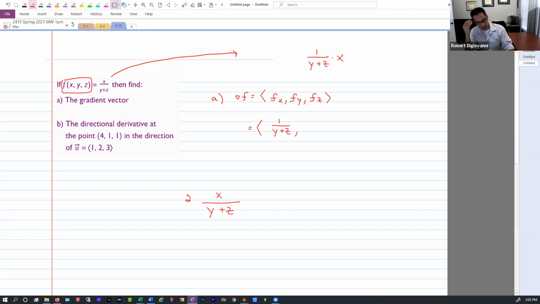So the derivative of this with respect to y would be equal to the derivative of the top with respect to y, which is 0, times the bottom, minus the derivative of the bottom with respect to y, which would be 1, times the top, which is x, and then all over the bottom squared.